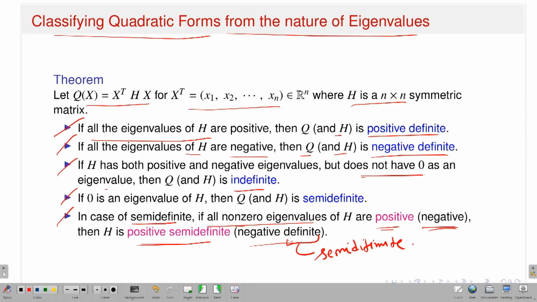In particular, if all other non-zero eigenvalues are positive, it is positive semi-definite, and if all other non-zero eigenvalues of H are negative, it is negative semi-definite. That is how the quadratic form associated with a symmetric matrix is classified in terms of eigenvalues.